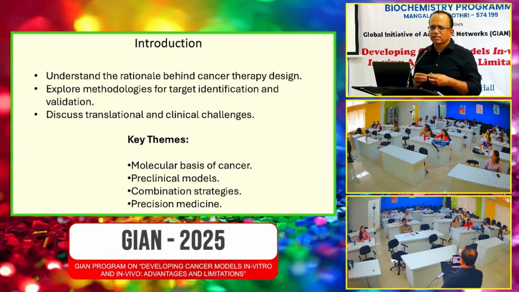Also, we'll discuss the translational clinical challenges that we're going to face, or the trials that we ran. So the example that I have given, for example clinical trials, is for the phase 1 trial, right? There is a phase 2, there is a phase 3, and FDA approval of the drug. It's a big million-dollar question, because they spend a lot of money.